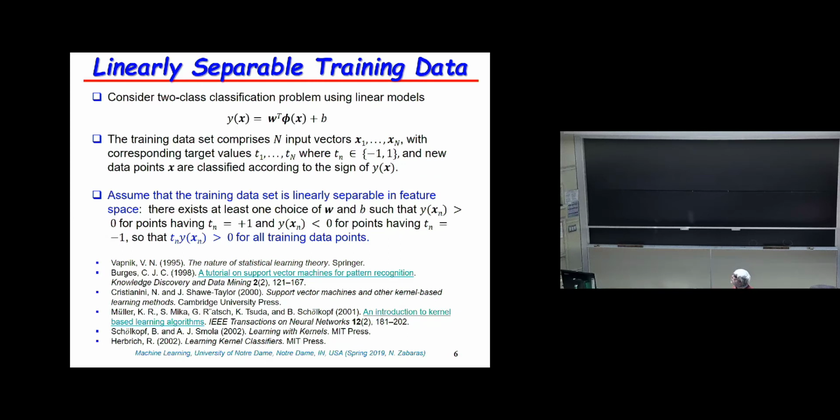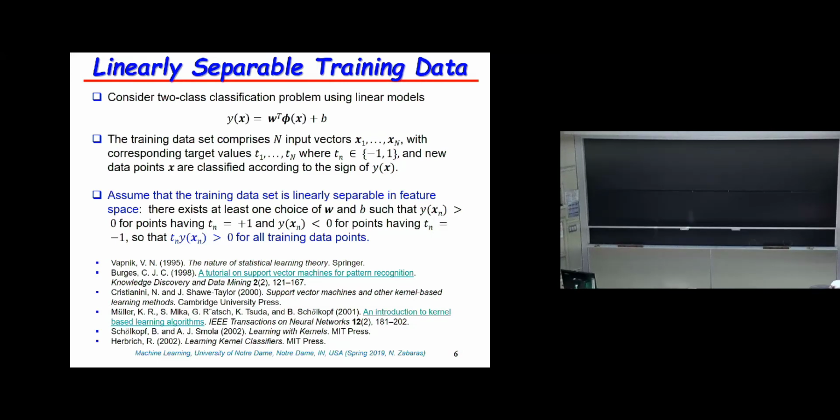You can see here, if tn is 1, y has to be positive. If tn is -1, y has to be negative. So for all training data points, we need to have this valid. And obviously, we're talking about the linearly separable case.